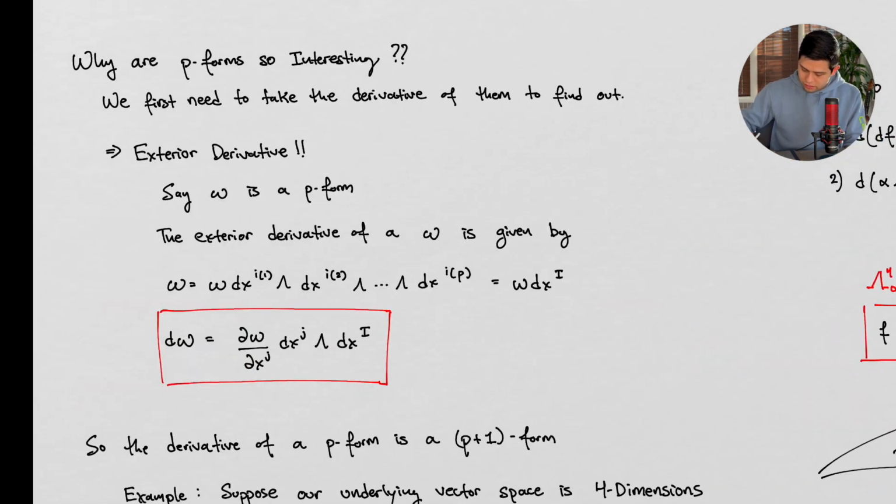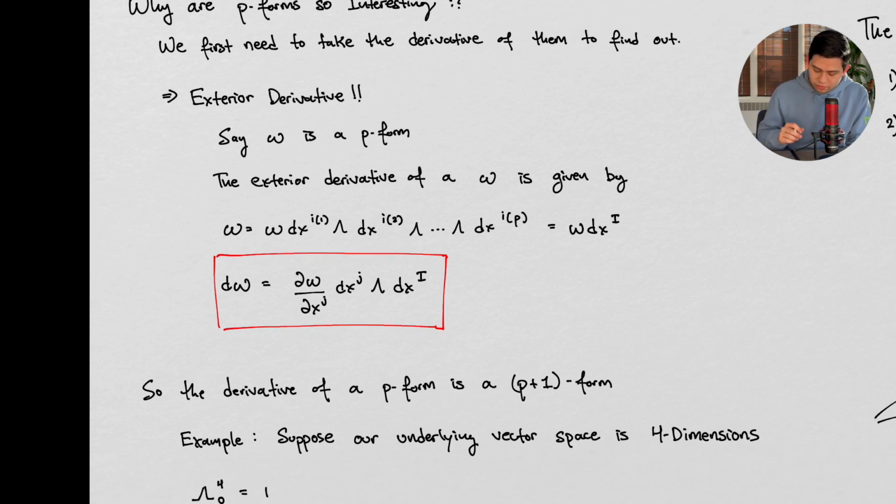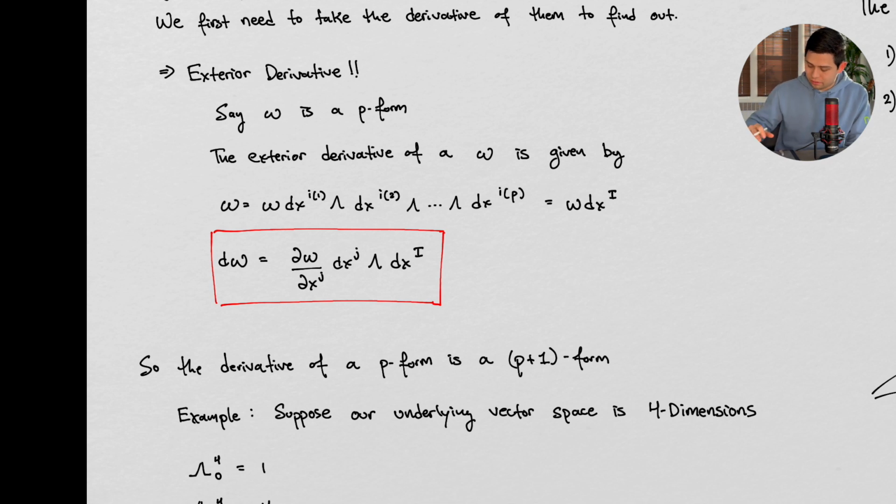All right. So why are p-forms so interesting? First, we need to take the derivative of them to find out the answer to that question. That's going to be the topic of our next video. And the derivative of p-forms is something called an exterior derivative. So the exterior derivative, we're going to get into this a little bit deeper, but say omega is a p-form.